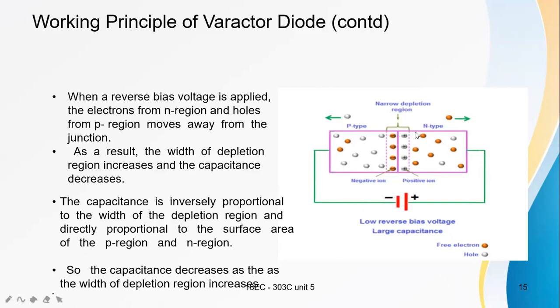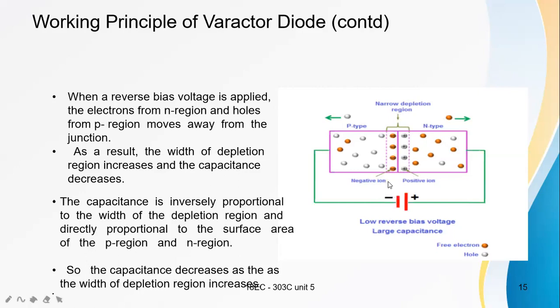Width is increasing, means capacitance decreases. The capacitance is inversely proportional to the width of the depletion region and directly proportional to the surface area of the P region and N region. So the capacitance decreases as the width of the depletion region increases. That means when the reverse bias keeps increasing, the width of the depletion region keeps increasing, and the capacitance decreases.